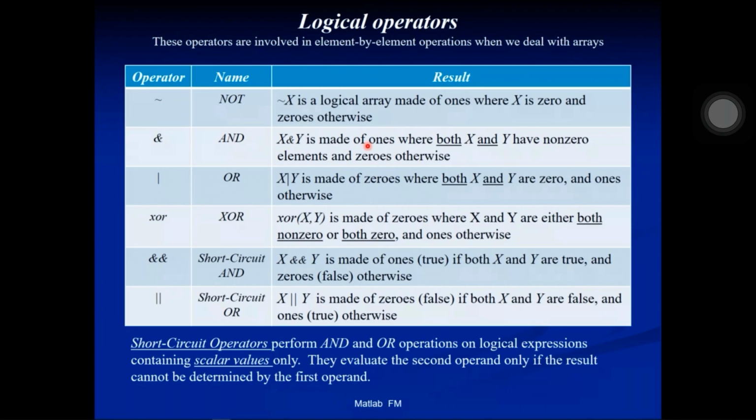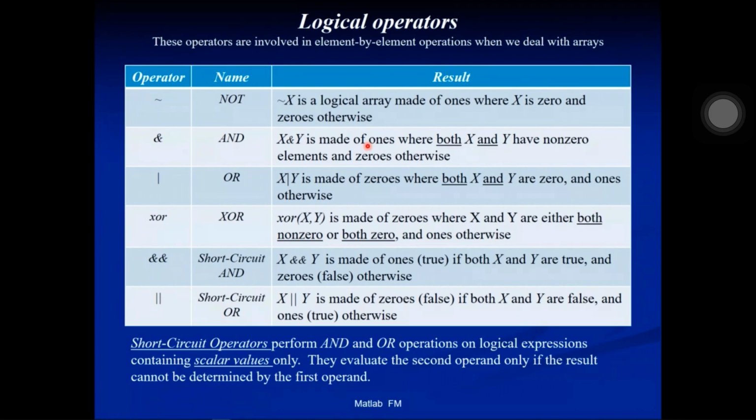If they don't have exactly the same situation, like both of them ones, at the same row, same column, then it's going to be 0. So to be true, both X and Y have to be 1 at the same spot, whatever row, whatever column, but they have to have 1. They would have 1 if the comparison is between non-zero values.